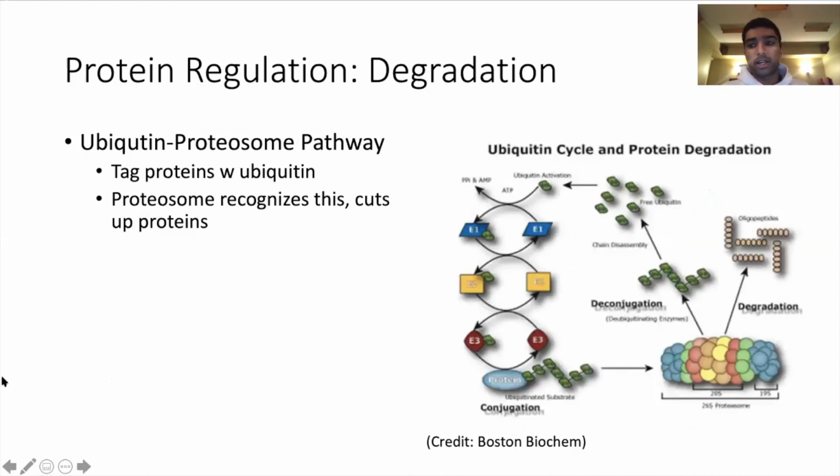Now, sometimes proteins can't be folded the right way, and you just need to degrade them. One of the most prominent ways to degrade proteins is called the ubiquitin proteasome pathway. Proteins are tagged with ubiquitin, which is a small chemical, and then a proteasome, which is a large complex of different enzymes and proteins, recognizes this ubiquitin tag, and then it slices up the protein.